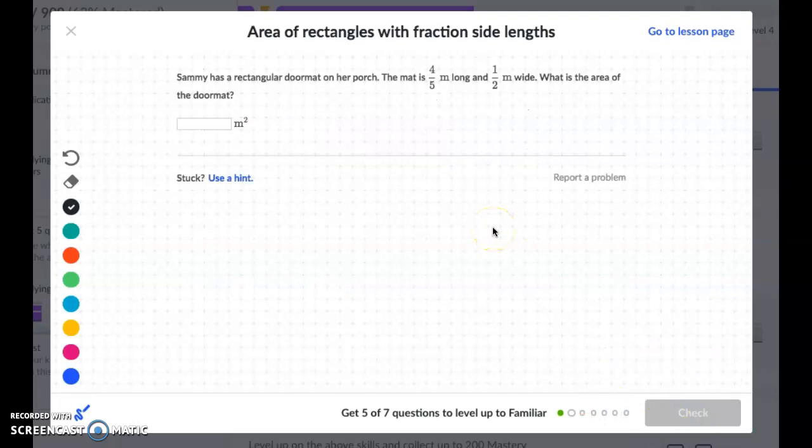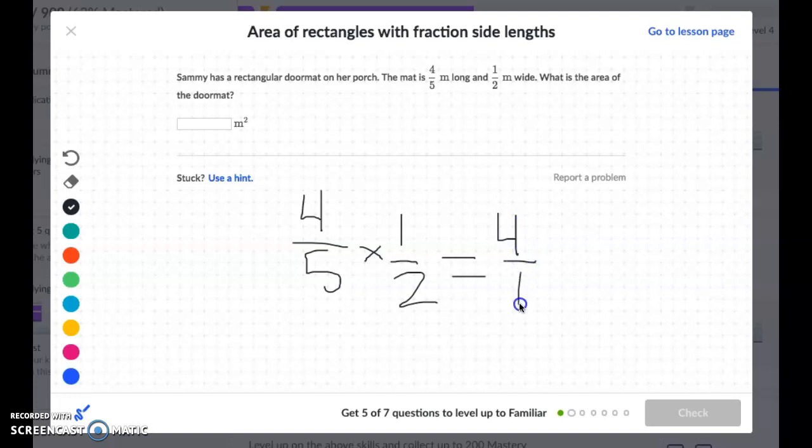Sammy has a rectangular doormat on her porch. The mat is 4/5 meters long by 1/2 meter wide. What is the area of the doormat? So we're multiplying 4/5 times 1/2. 4 times 1 is 4, and 5 times 2 is 10.